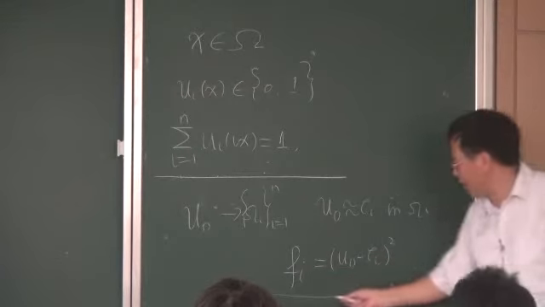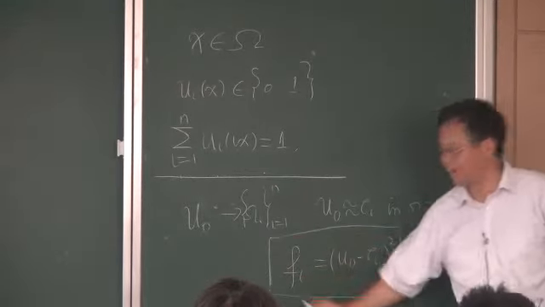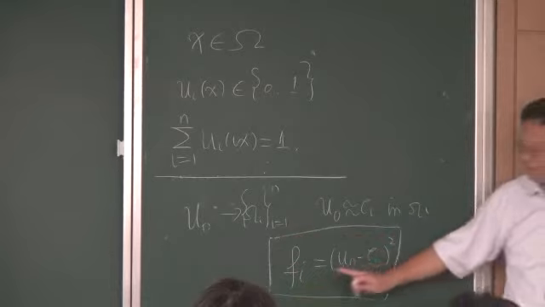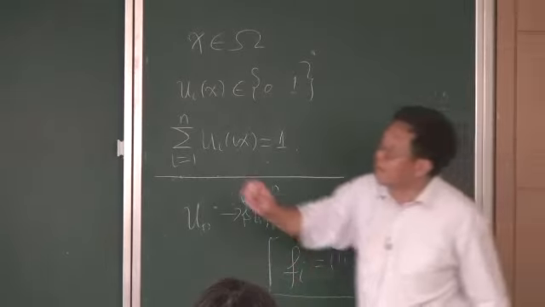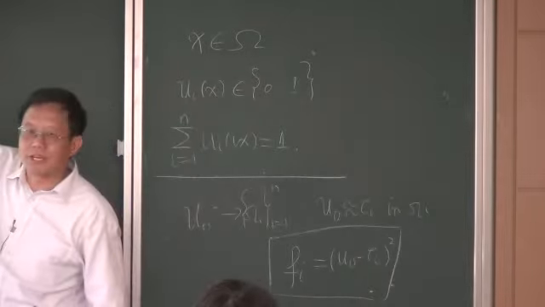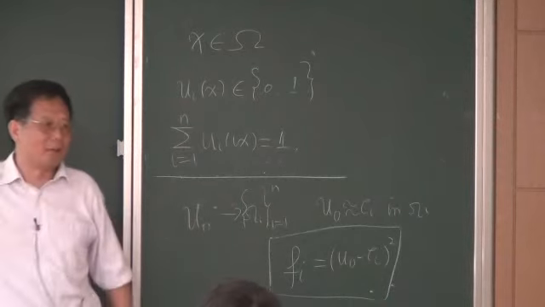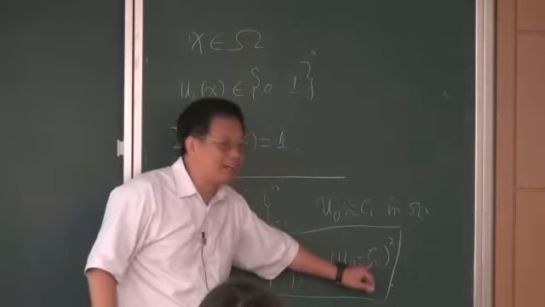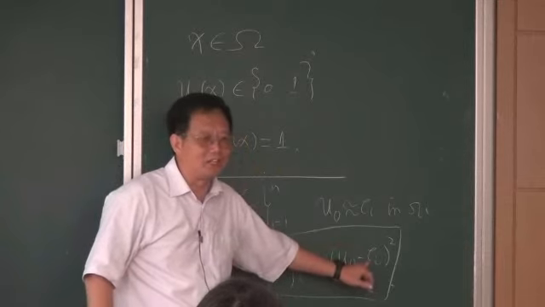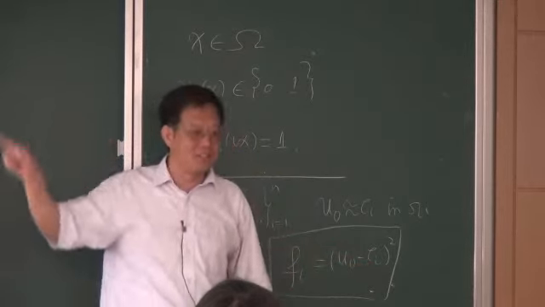So this is my Fi. Assuming Ci is known, I minimize this problem to get the omega i's. Once I get the omega i's, I can average U0 to get the new Ci, and do another minimization.